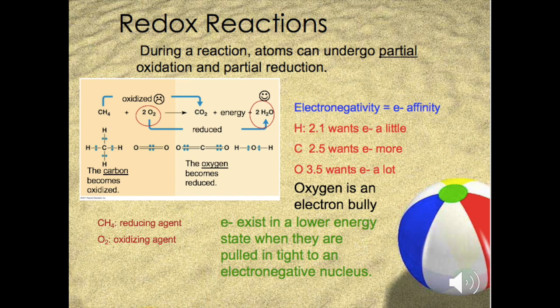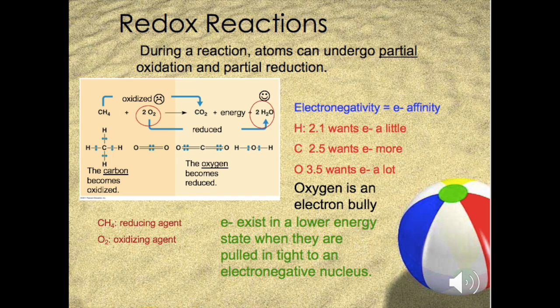And they're also in a lower energy state in carbon dioxide, because even though carbon dioxide is nonpolar, it's got an equal balance of charges. However, the electrons are closer to the electronegative oxygen nucleus, which is more favorable for them. So both of these, the carbon dioxide and water, are in a lower energy state than methane and oxygen.